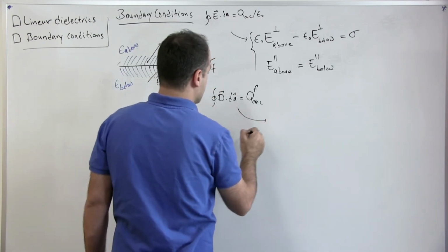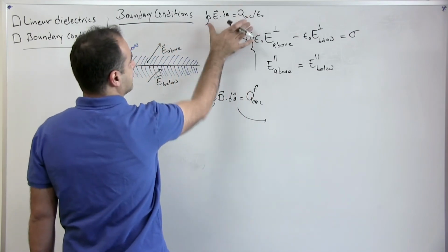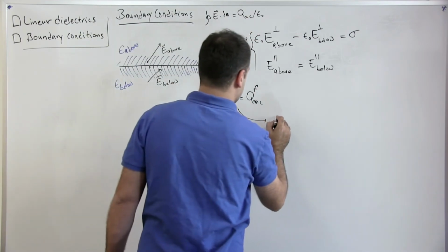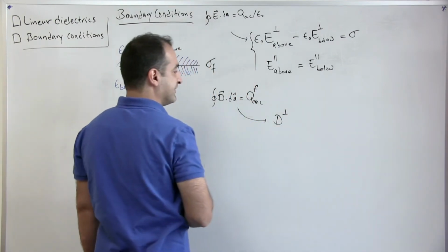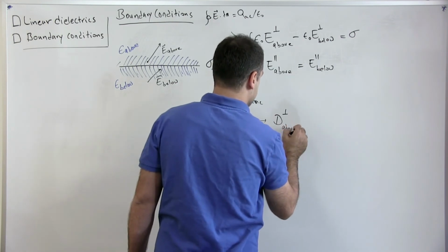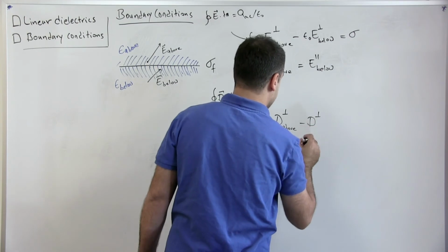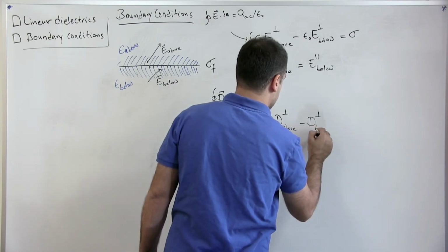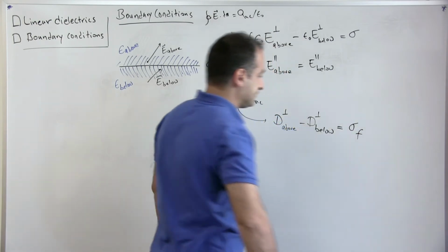From this, just by comparing the equations, I can conclude that the perpendicular component of the electric displacement above minus the perpendicular component of the electric displacement below should be equal to sigma F.